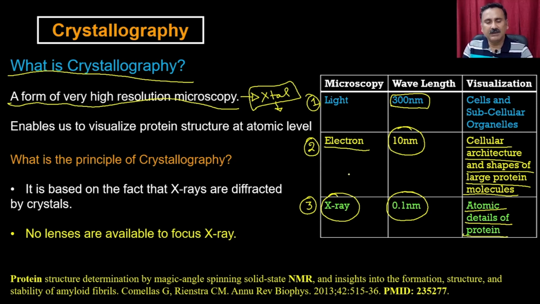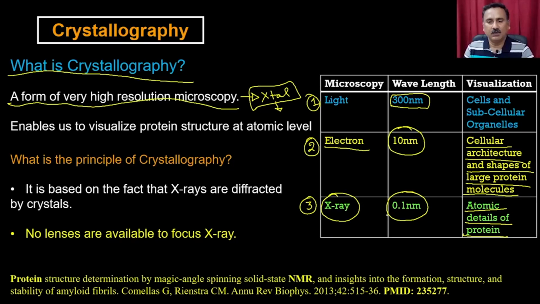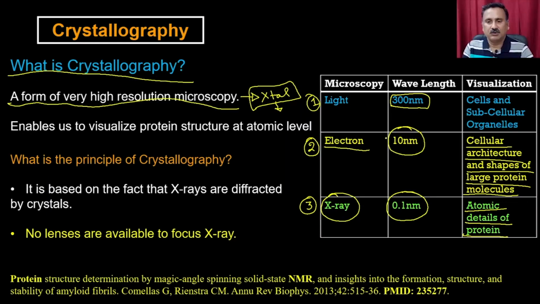The difference between electron microscopy and X-ray is that electron microscopy only gives you the gross structure of proteins, whereas X-ray crystallography is even finer and gives you the atomic details, and that is basically because of the wavelength used to visualize the objects. In the case of electron microscopy it is 10 nanometers, whereas in X-ray crystallography it is 0.1 nanometer.